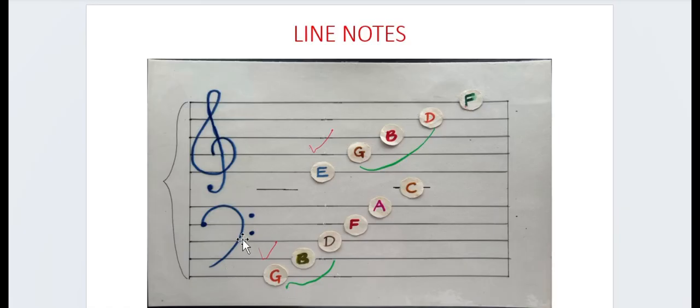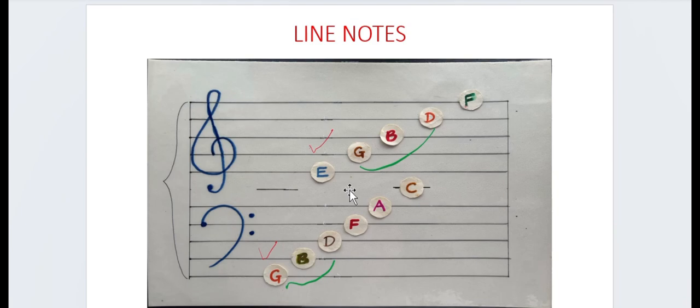You can memorize both these patterns for the space and line notes, or if you can just remember the line notes, you are still able to find the space notes.